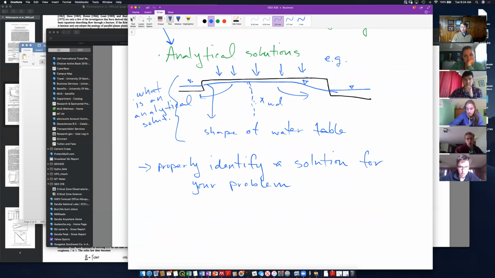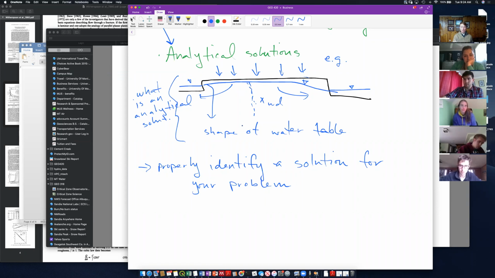That analytical solution doesn't really help us solve a problem where we're interested in flow and the location of a groundwater divide. So you need to know the setting that these solutions are applicable for, and then be able to apply them to solve your problem.